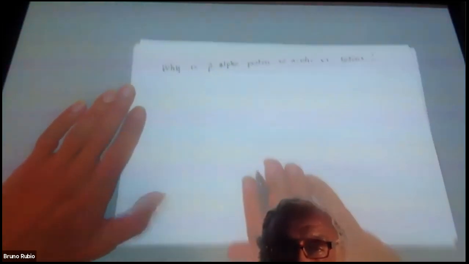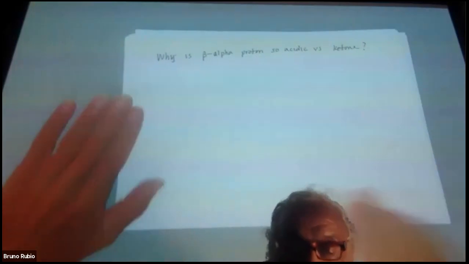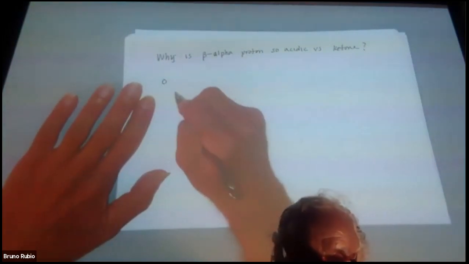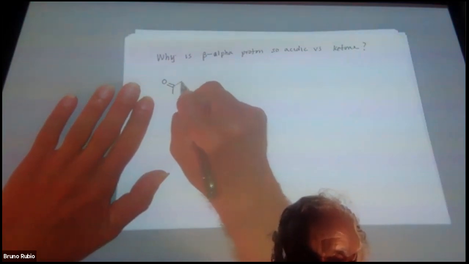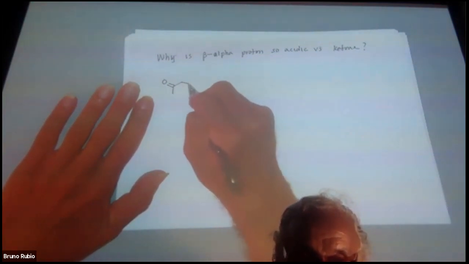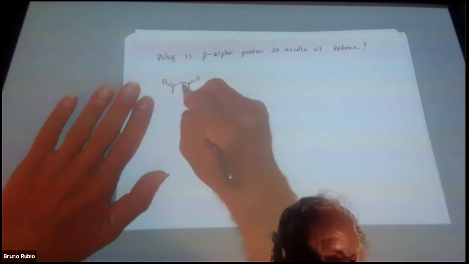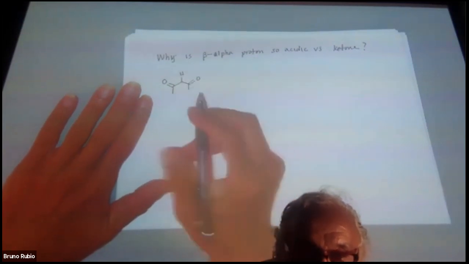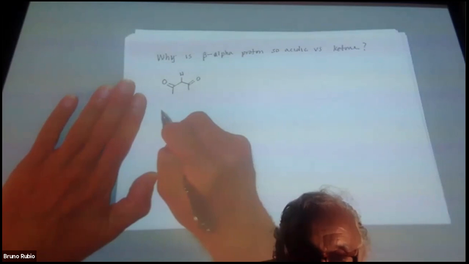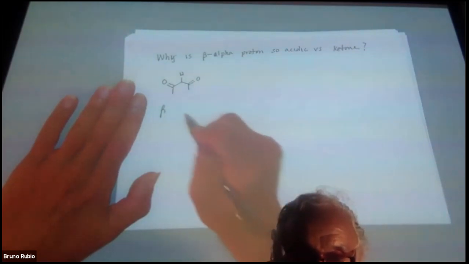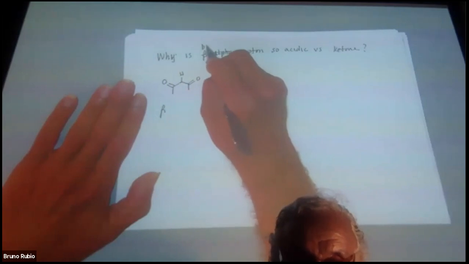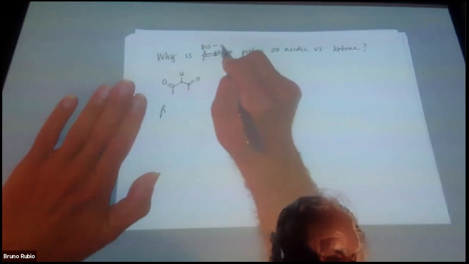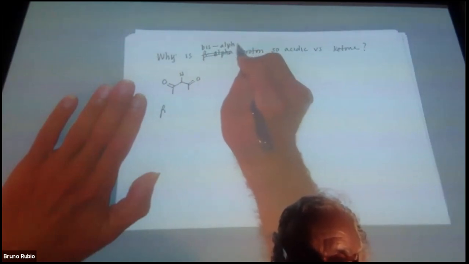So the issue I'm trying to resolve here is we have a proton which is on an sp3 hybridized carbon sandwiched in between two carbonyls. This is considered the, I wrote beta here, but this should be bis alpha. Bis means twice.